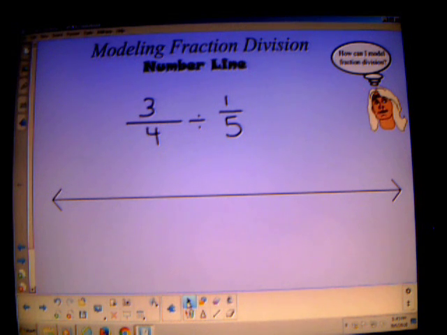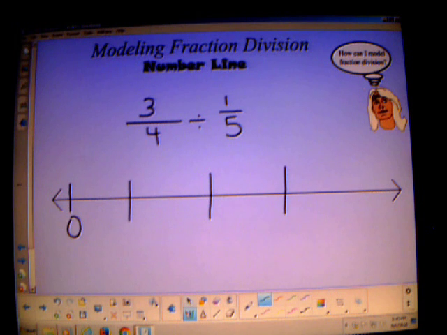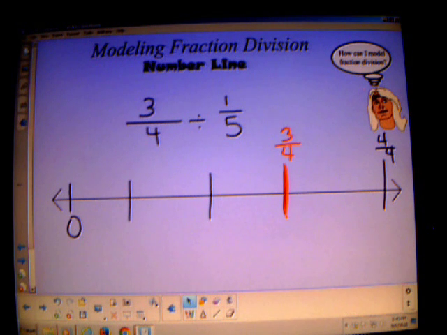Three-fourths divided by 1/5. First, we divide our line according to the dividend. Next, we divide our line according to the divisor.